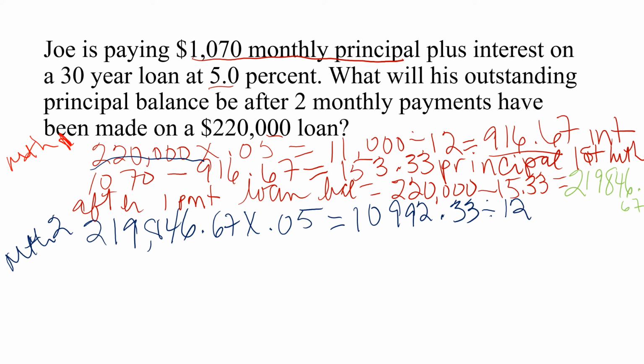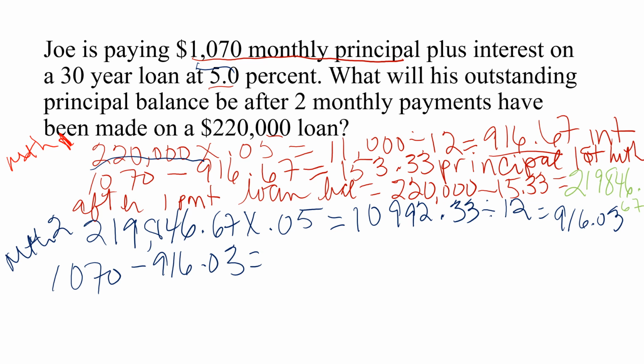Divide by 12 equals 916.03. So now if I take my payment of 1,070 minus 916.03, then in my second month I paid 153.97 in principal.